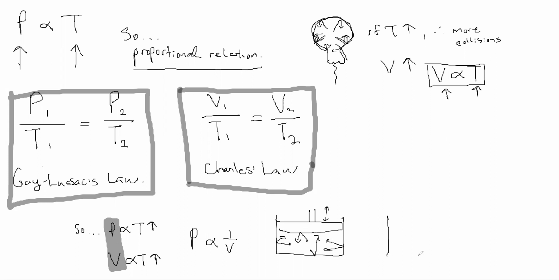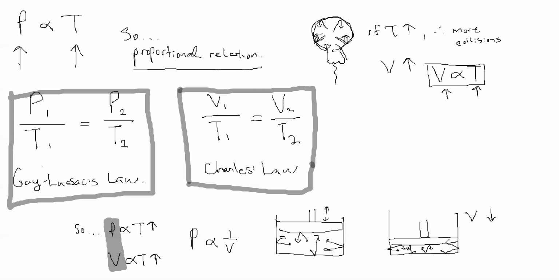Okay, so obviously you see that there is a fixed pressure and a fixed volume. But what if I took this piston and pressed down, effectively decreasing the volume that this gas is living in? Well, what do you think happens to the number of collisions?